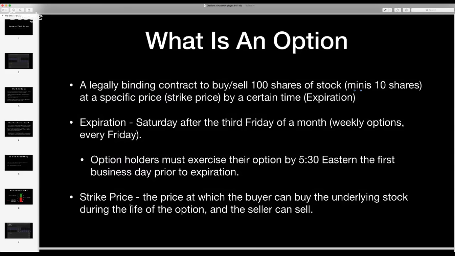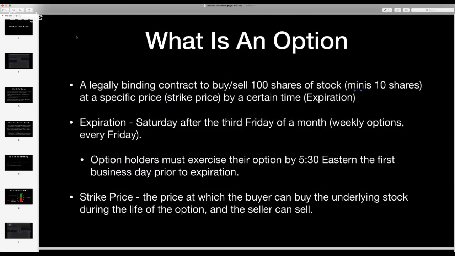It has certain obligations, certain things that you can do, and rights that are conferred to the buyer, and obligations that are conferred to the seller. And the contract says that you can either buy or sell a stock or the underlying by a certain time. That is essentially what an option is.